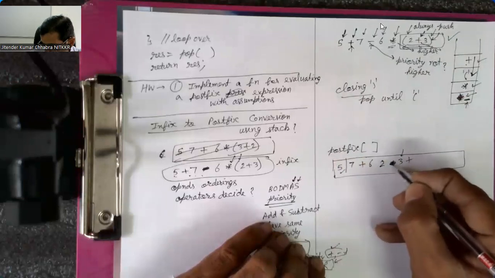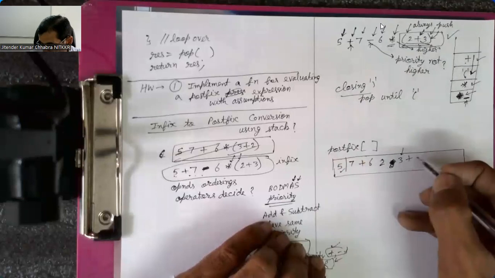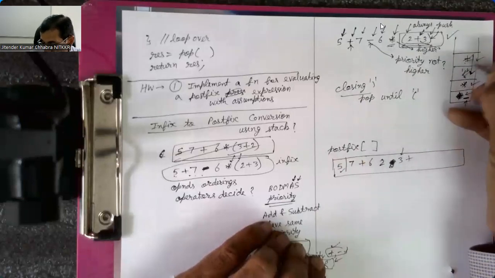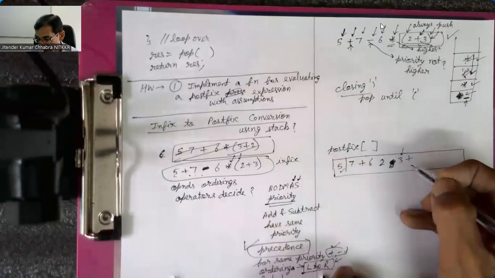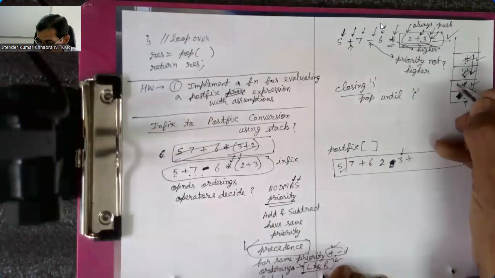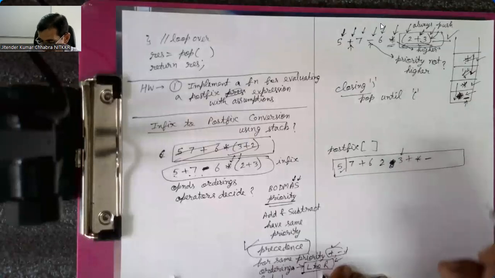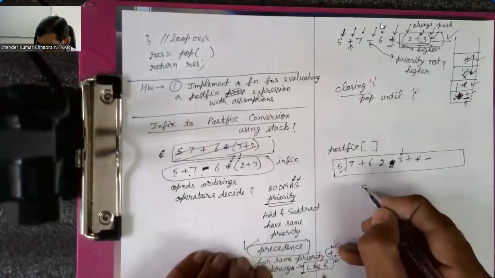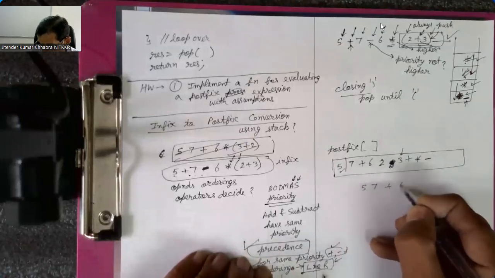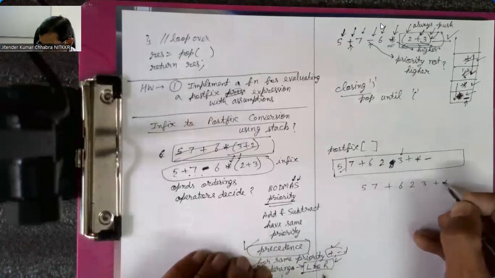So plus will come here, and after that bracket will also be popped out, but plus and bracket will not be stored here, work over. After this nothing is left, so this will be popped out one by one till the last position. So this is how my postfix expression got created from the corresponding infix expression.